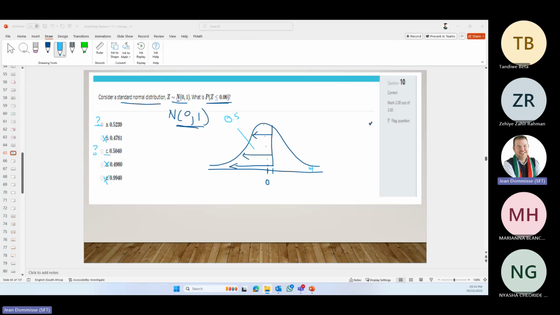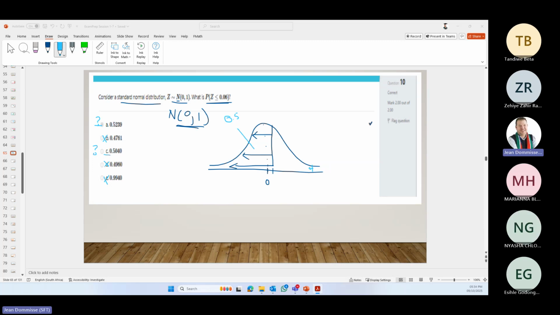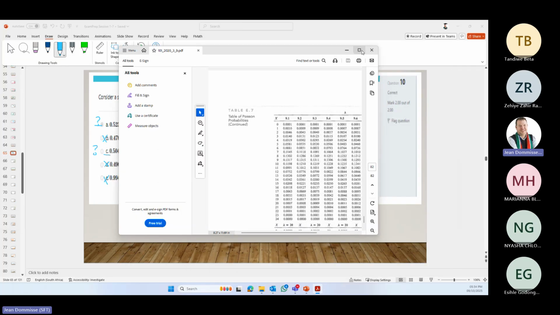So let me just see if I've got, just want to see if it is this one. Before I show it, I'm going to share this document that I actually, now that I open it, I found it.